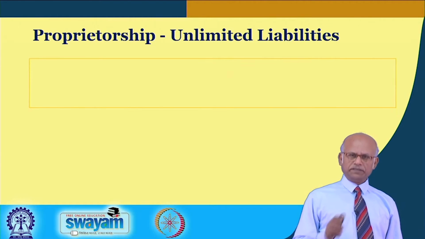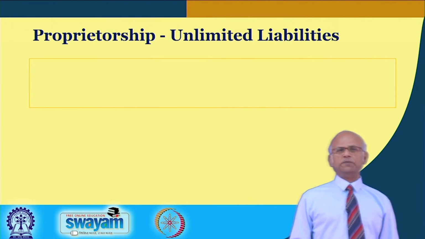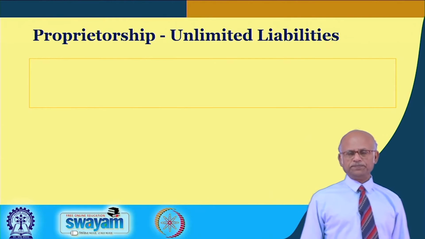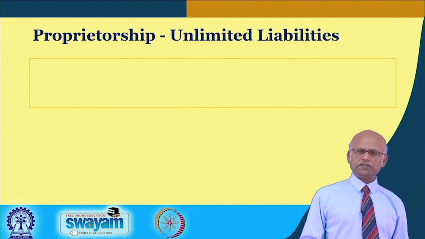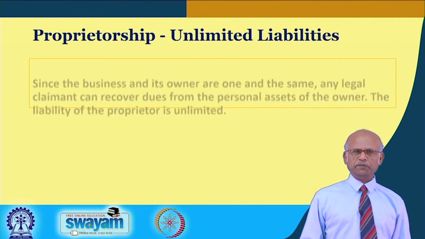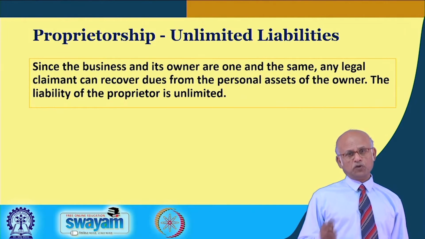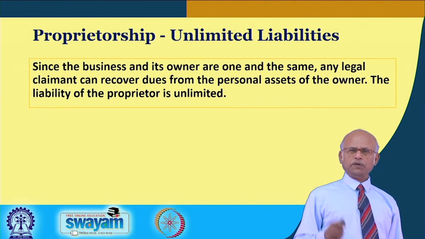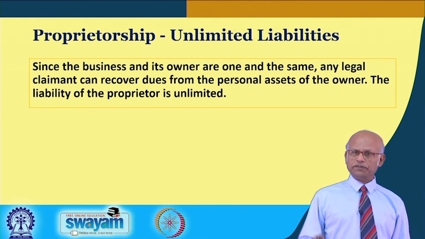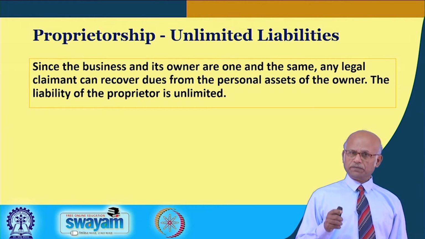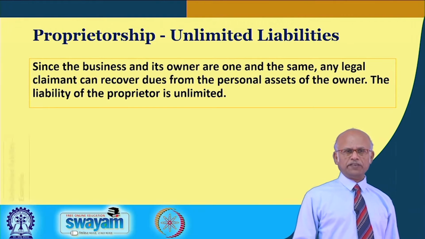The other important feature about proprietorship business is the unlimited liability, for the same reason that proprietor and the business are not distinct entities. So, any liability of the business is the liability of the proprietor as well.